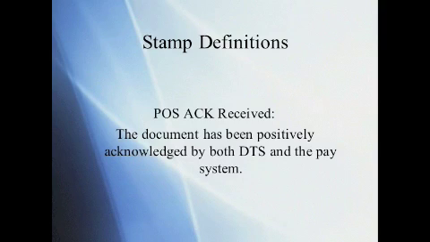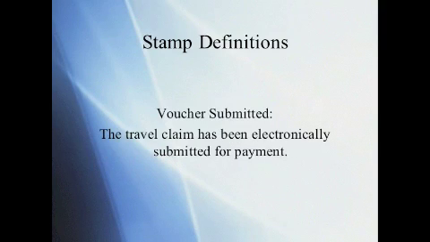POSAC received. The document has been positively acknowledged by both DTS and the pay system. What this means is that DTS has checked to make sure that the money's there. The pay system has checked to make sure that what DTS is saying needs to be there is there. And so the two systems have talked to each other. Voucher submitted.